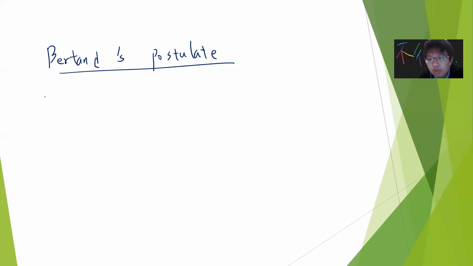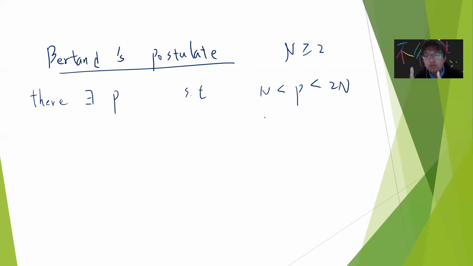Next video I will prove that for n greater than or equal to 2, there is a prime p such that n < p < 2n. So for any positive integer greater than or equal to 2, there is always a prime which falls between n and 2n. Okay, so this is very deep, well, not so deep, but still very interesting.